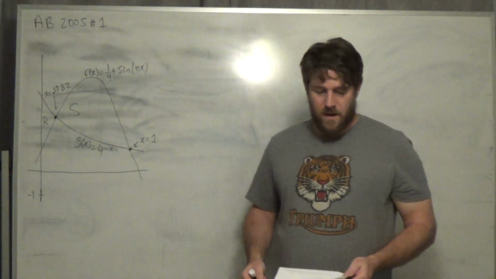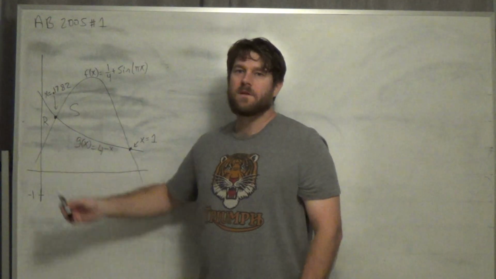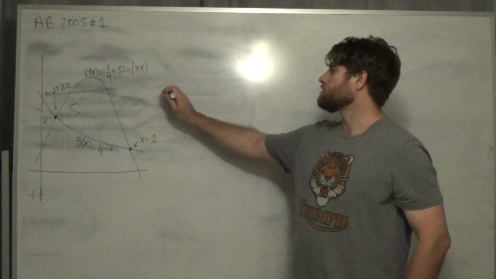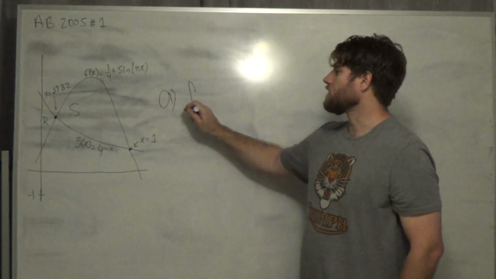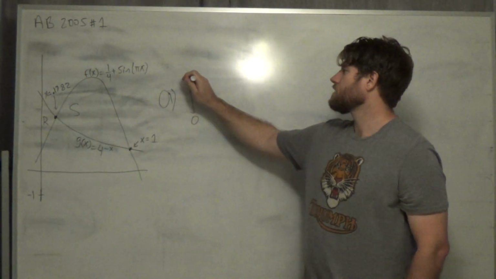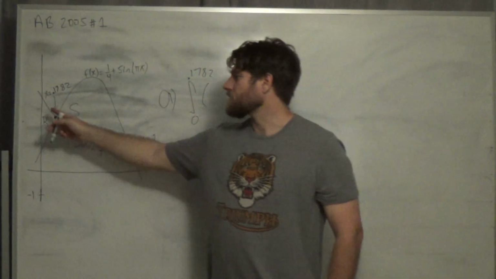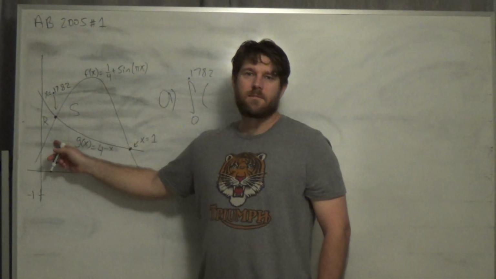Find the area of region R. So here's region R. Area of any region is just an integral, so this is part A. So integral from 0 to that 0.17-ish number, and then it's top equation minus bottom equation.